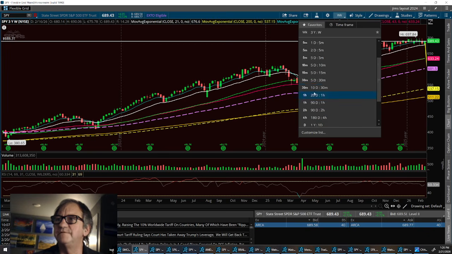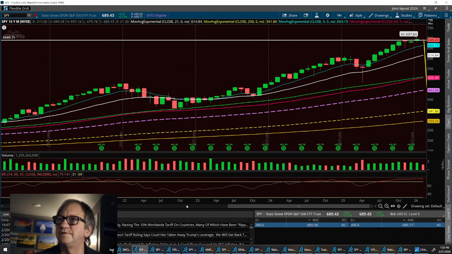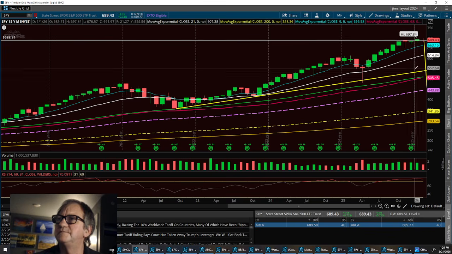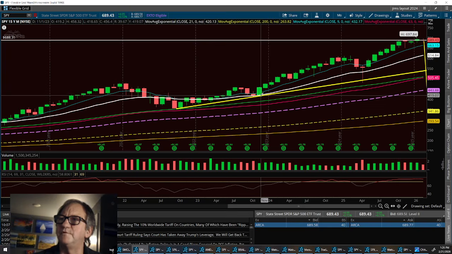Then go to the monthly. Don't be shy to move these out. See if you see any candlestick patterns or any kind of pattern on the monthly. We'll see we have a trend line on the monthly. That body to that body. This could come down to 550 if it got real bad enough. And we have triple bottom right here.